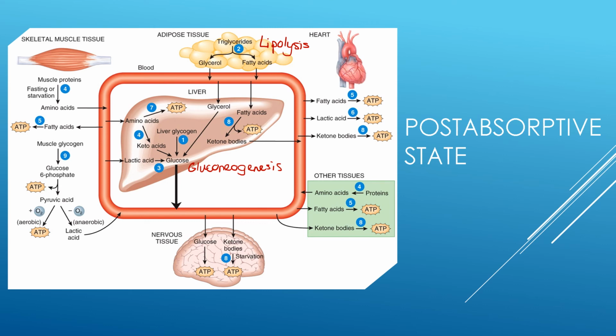But most cells can actually oxidize fatty acids directly. So it'll feed them into the Krebs cycle as acetyl-CoA and then produce ATP through the electron transport chain. So we get that in most other tissues, in the heart, and even in skeletal muscle.